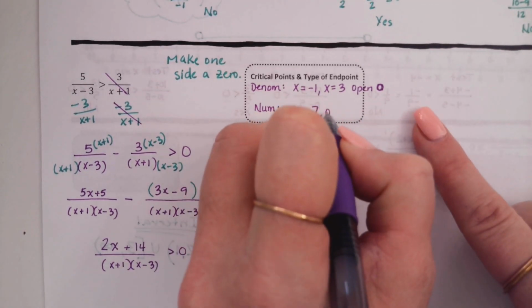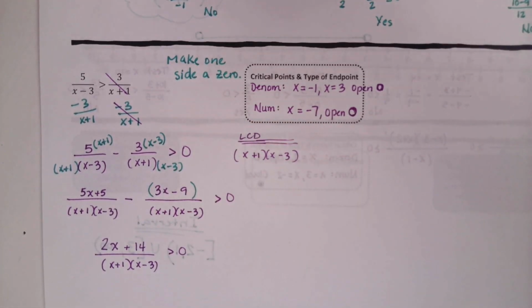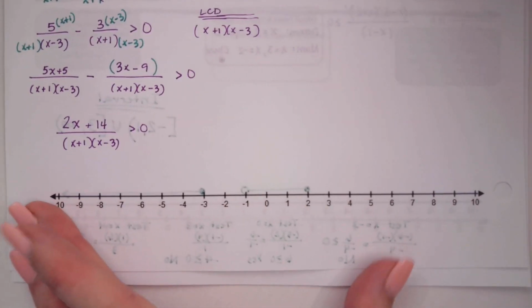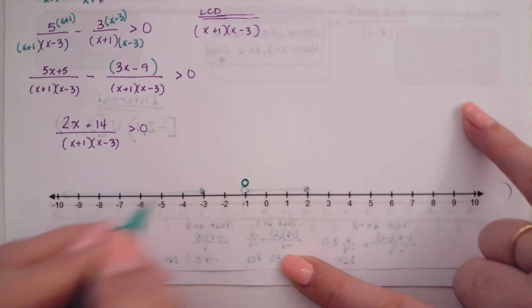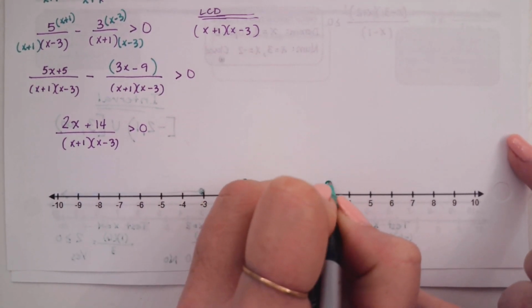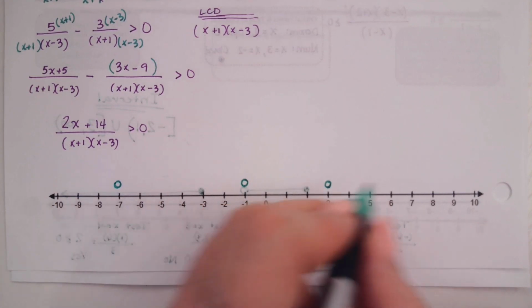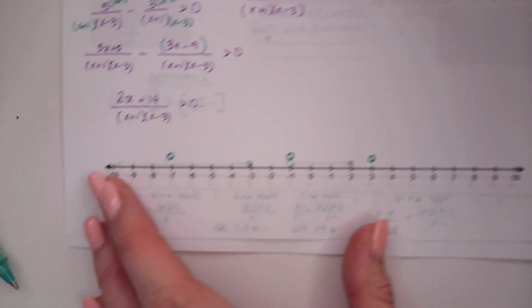Open, yep. So these are all open dots. So we need an open dot on negative 1, an open dot on 3, and an open dot on negative 7. So there are 4 areas that we need to check for solutions.